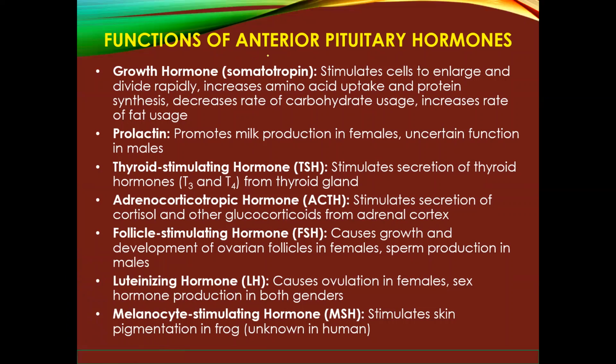Okay, the function of the anterior pituitary hormones. We already mentioned a little bit about growth hormones. This is for growing. Therefore, the target will be cells that are growing, so mostly the bones. So the bone cells will divide rapidly, so our bones become longer as we are growing.